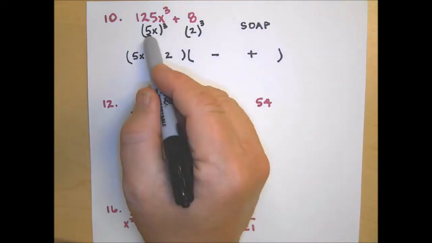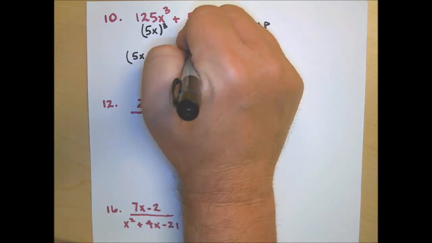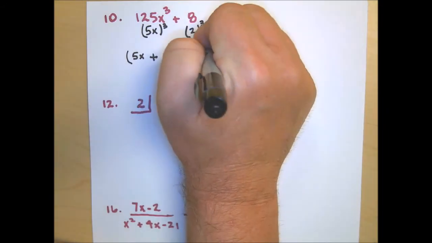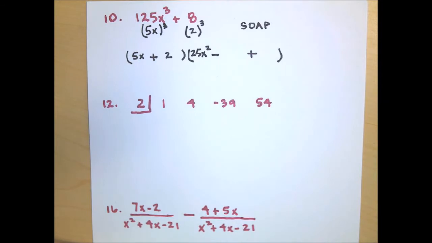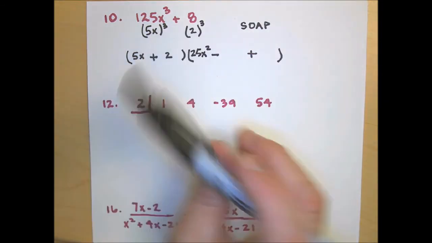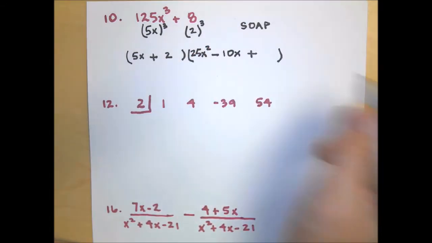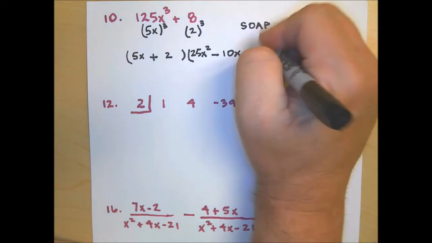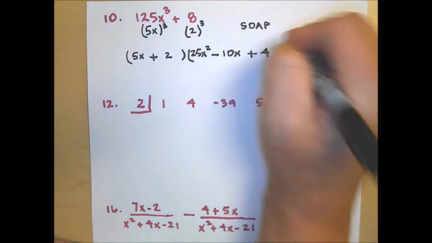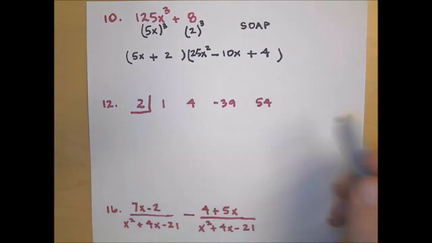So 5x squared is 25x squared. The middle term, 5x times 2, is 10x. And the last term, 2 squared, is 4. And that's your factor of that sum of perfect cubes.